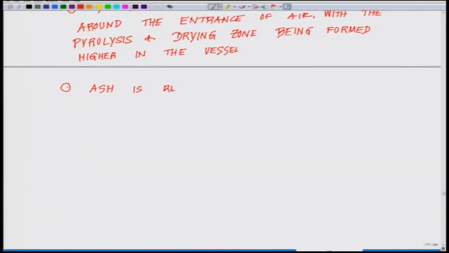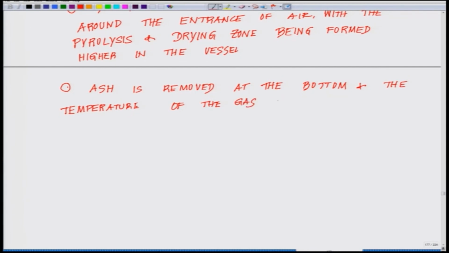Ash is removed at the bottom, and the temperature of the gas leaving the unit is fairly high, just like the downdraft one, about 800 to 1000 degrees centigrade.